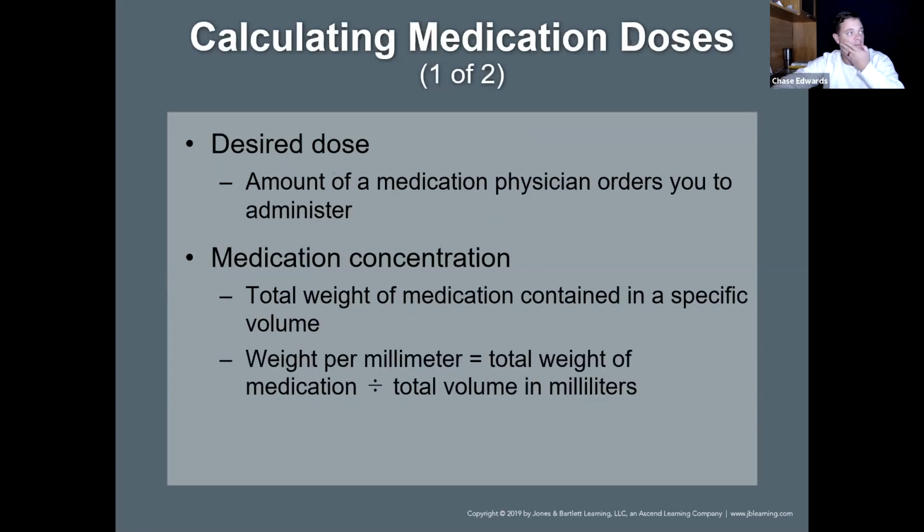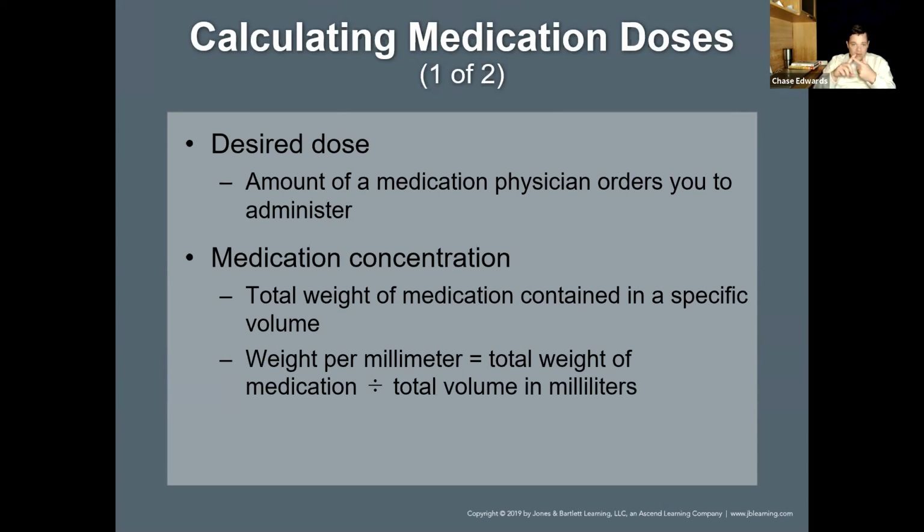Oh, I skipped one. So there are multiple formulas for calculating medication doses. The method of drug dose calculation demonstrated here is based on the following three factors. You have the desired dose, the concentration of the medication available, the dose on hand, and then the volume to be administered.